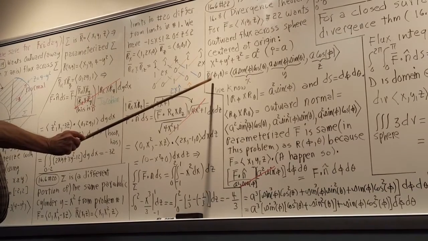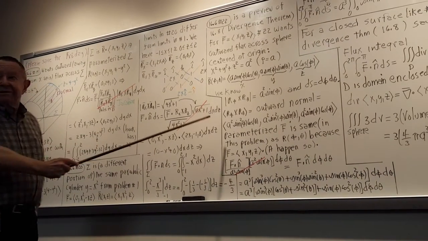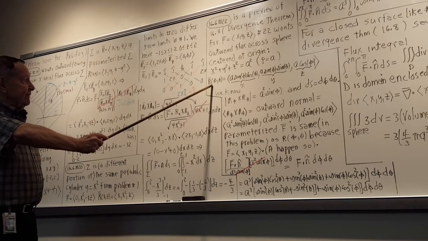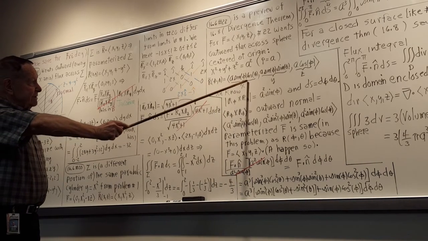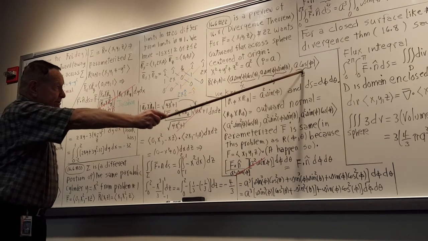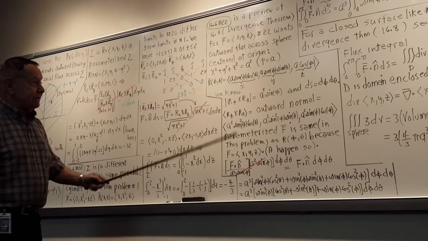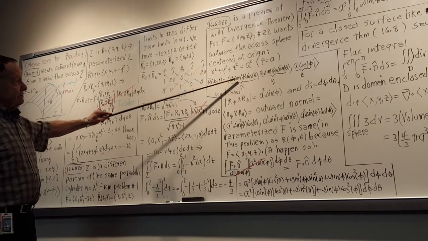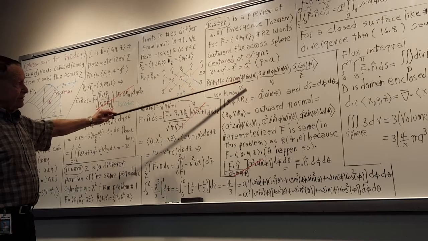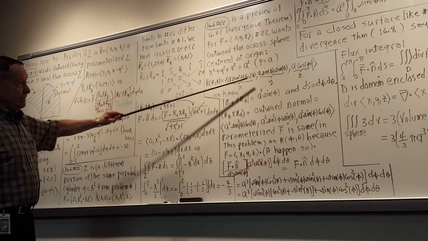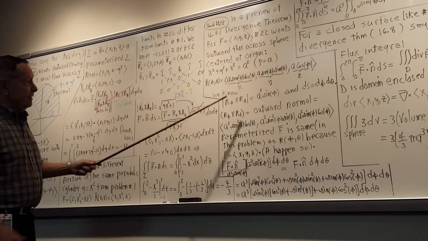So our parameterization on the sphere then, this is x, this is y, this is z. So I'm using the spherical coordinates, but it's a Cartesian form vector.